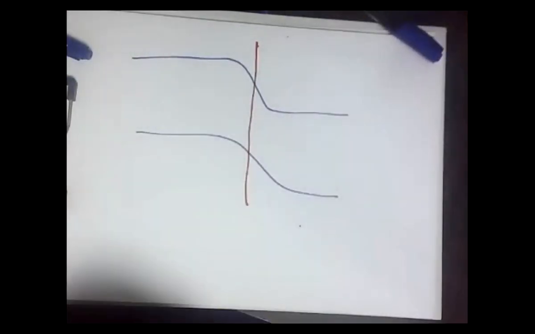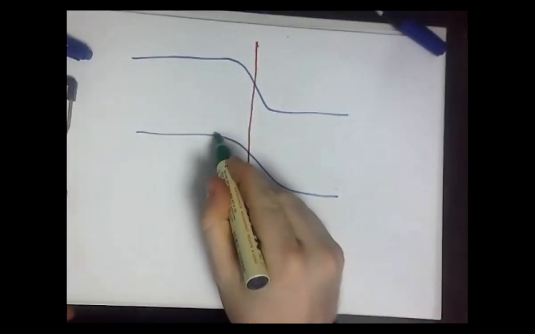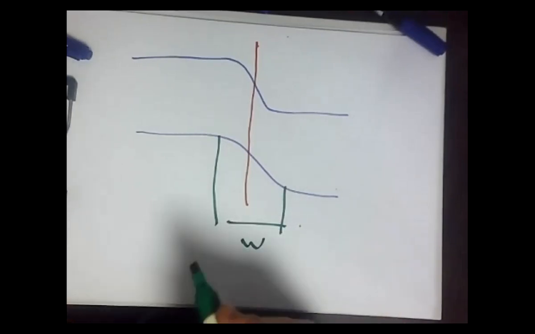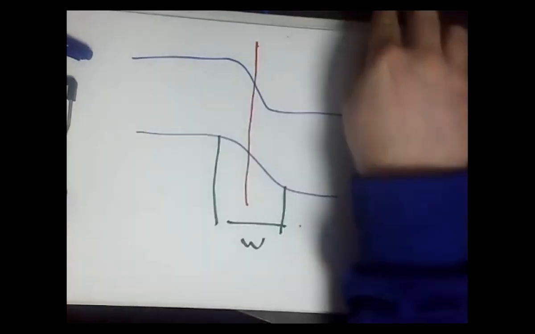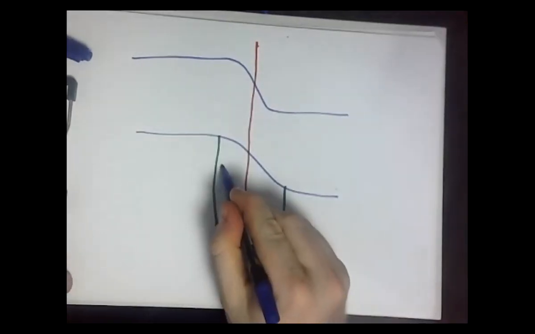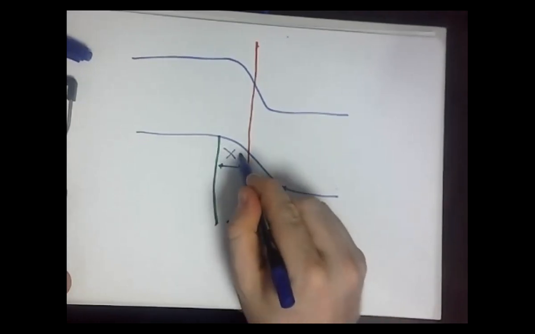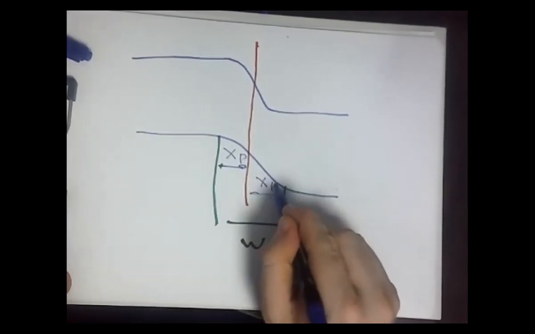Now this is the overall width W. This W is divided into two regions, this one and this one. This is XP, and this is XN.